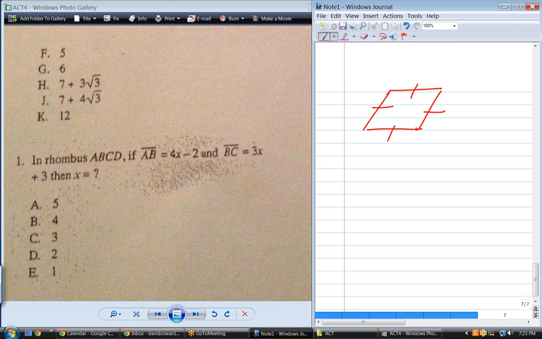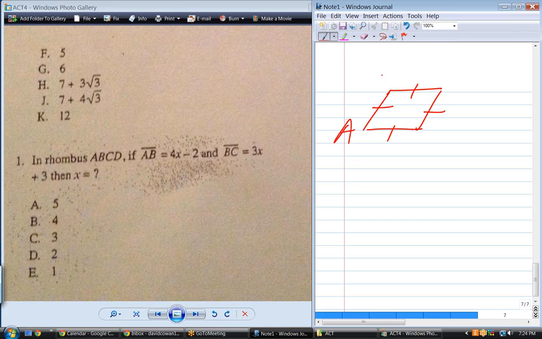Now, they're giving you 2 sides in terms of a variable. How do I solve for x? Give me the equation to write. Always write an equation. Don't try to just solve everything in your head.